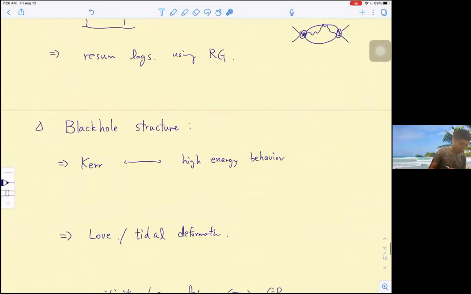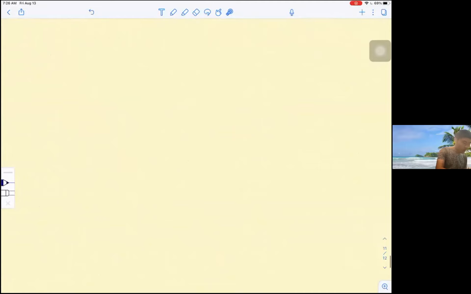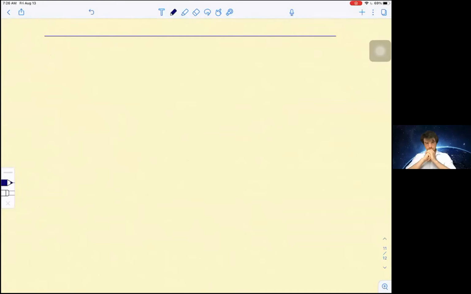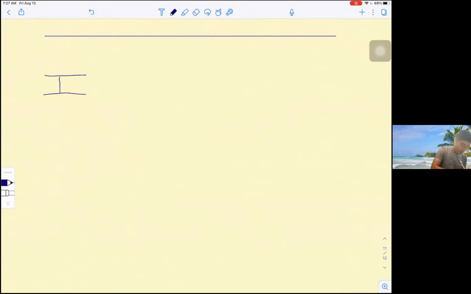Excellent. Good. So, okay, let me start with, for the PM approach, what's the tail effect. So the tail effect comes from if I have this type of, say, tree level radiation.